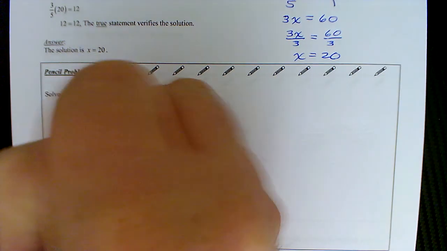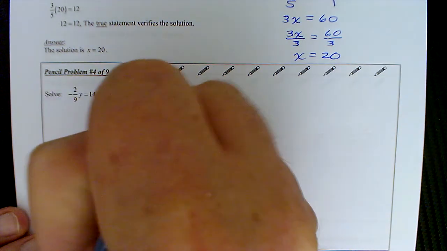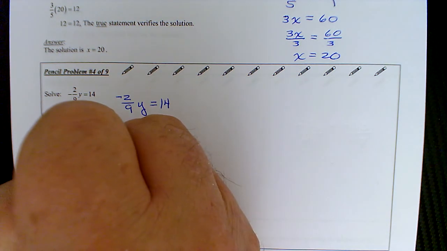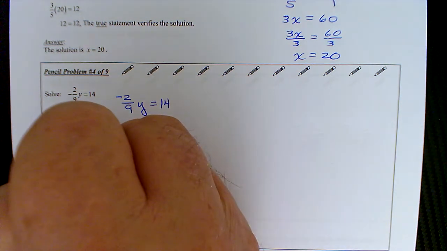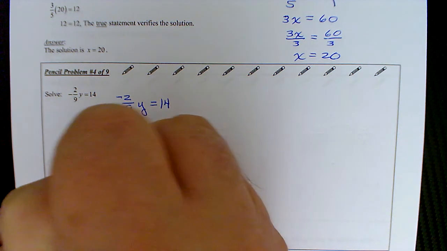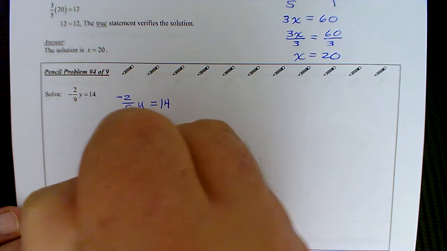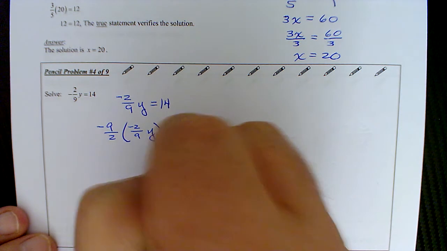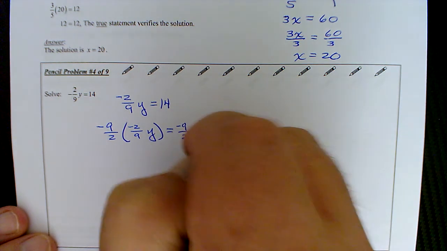Using the concept of the reciprocal, we'll multiply by 9 over -2, or -9 over 2, both sides of the equation. I would probably want to put the 14 over 1 as well.